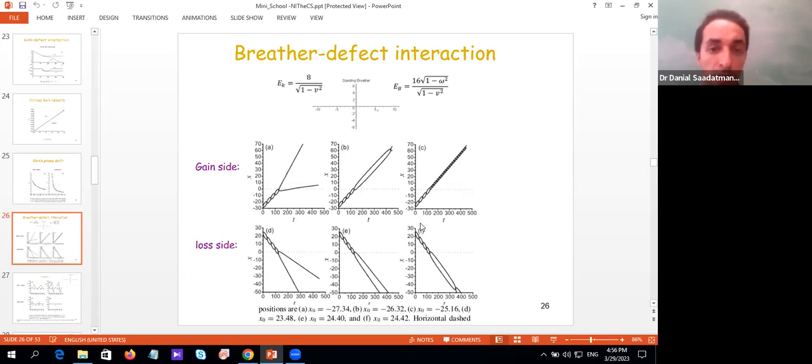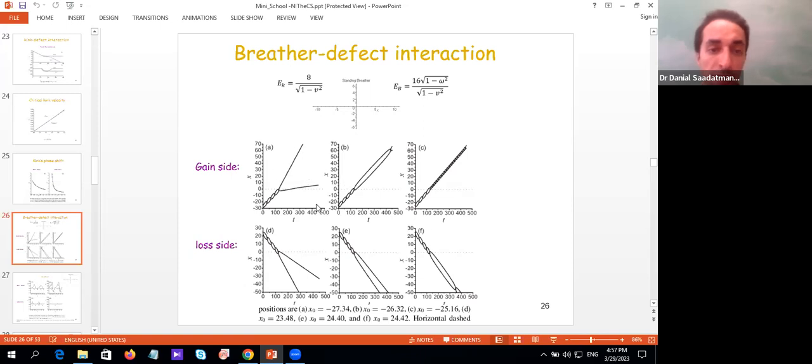As I told you about the energy of the breather and kink, which I wrote again here on the top, as you can see, when the breather comes from the gain side of the defect, it can split into a kink and anti-kink. The wavy lines show the breather and the straight lines show the kink.